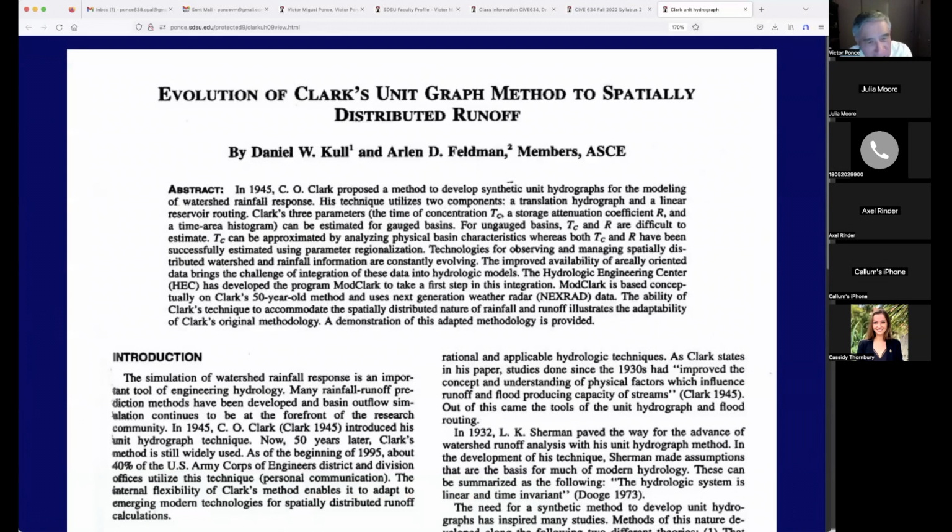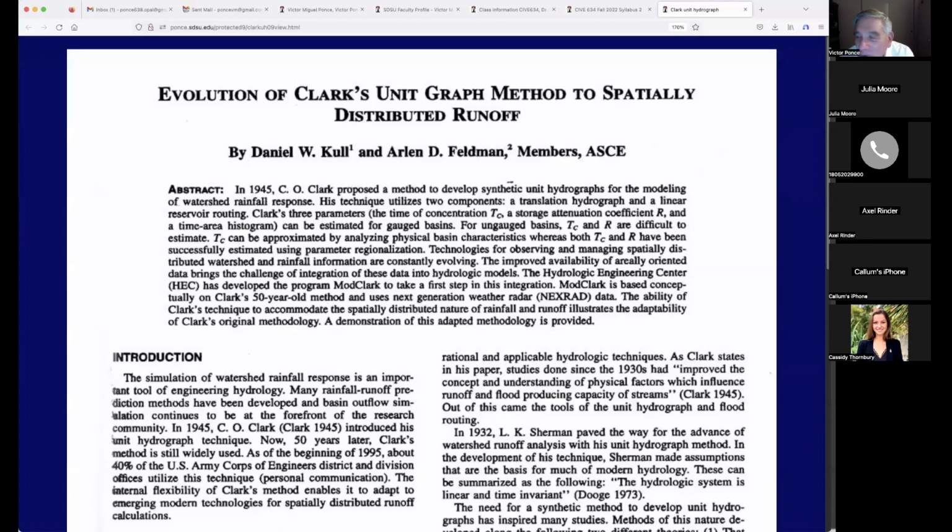And by the way, this has the signature of Arlen Feldman in there, who was at the time and for many years until he retired, head of research at HEC Davis. Big guy, capable guy. And they did this work, evolution of Clark's unit graph method to spatially distributed runoff.